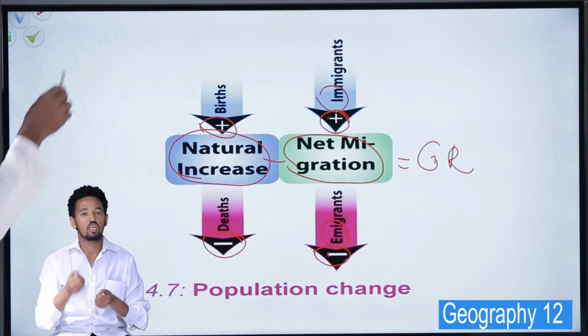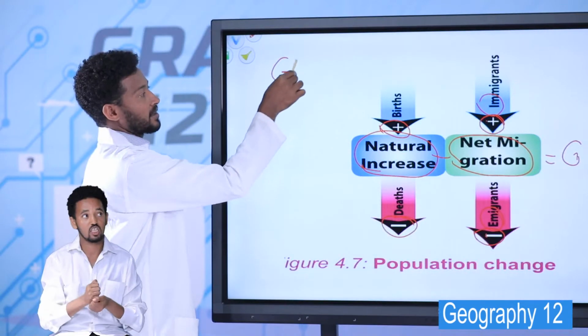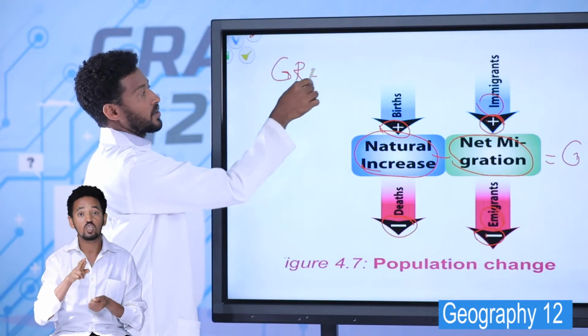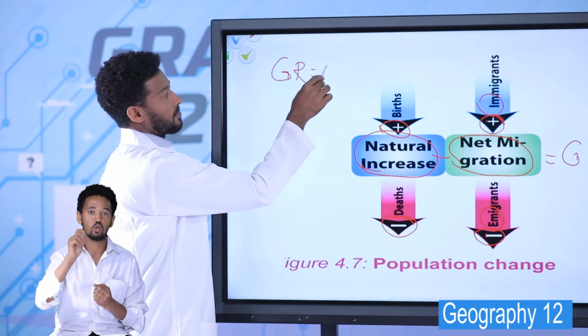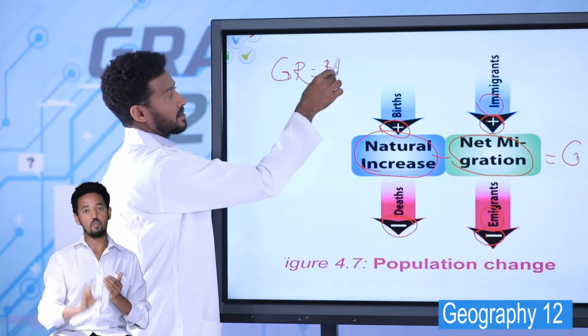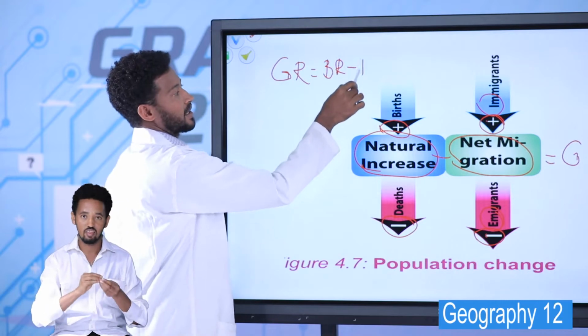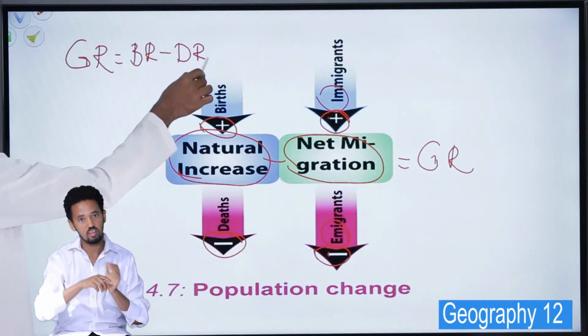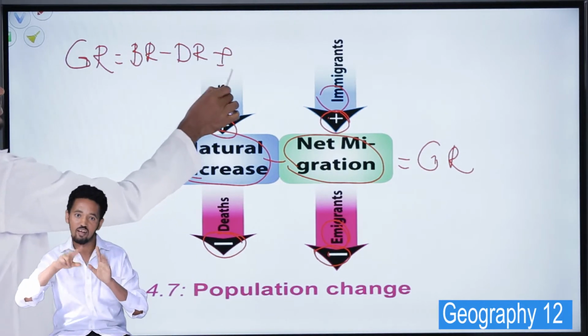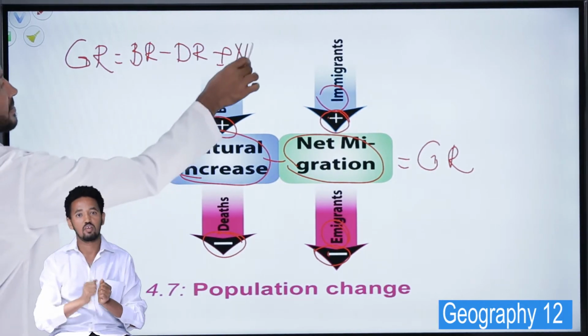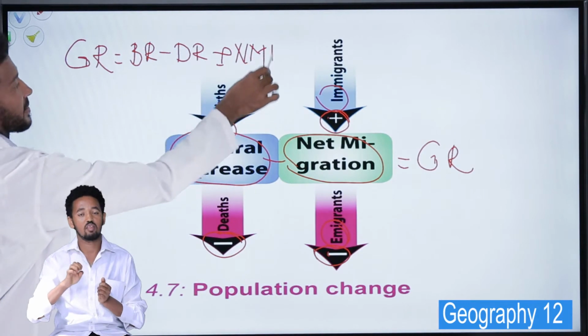In short, growth rate equals birth rate minus death rate plus or minus net migration rate.